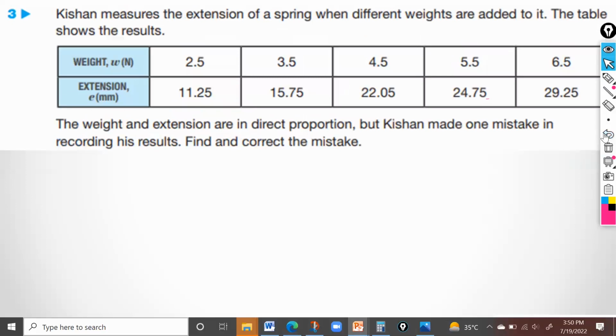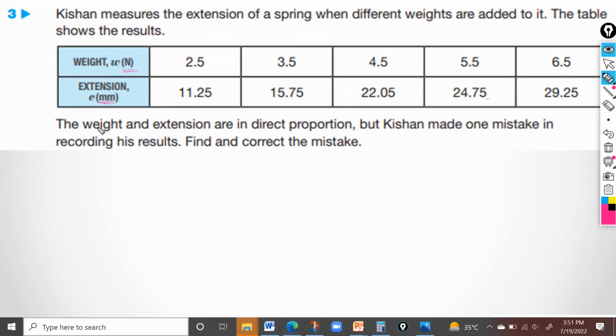Question number 3 states: Kishan measures the extension of a spring when different weights are added to it. The table shows the results. Here weights are given as W, meaning the unit is newtons, and extension is represented by small e and given in millimeters.